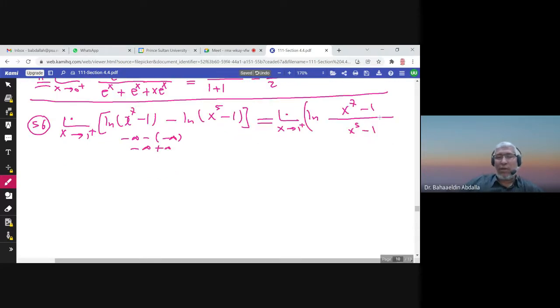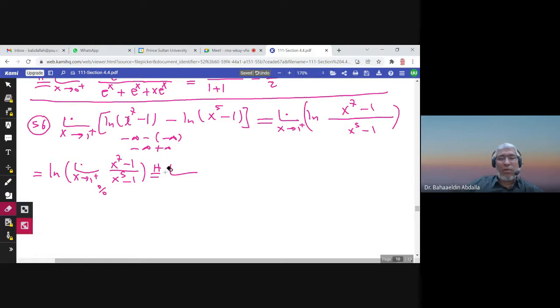And now the limit can go even inside the ln. And now if I replace x by 1, I have 1 minus 1 over 1 minus 1, 0 over 0. So I can use L'Hopital's rule. Do not forget the ln outside.